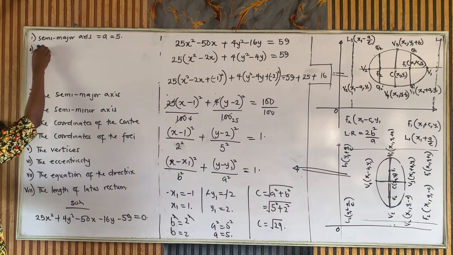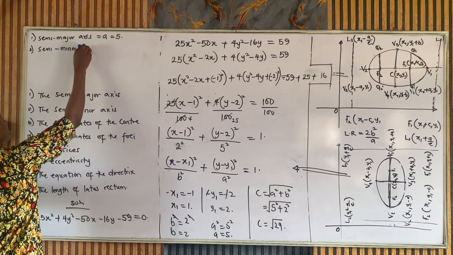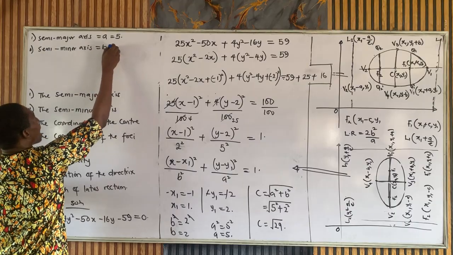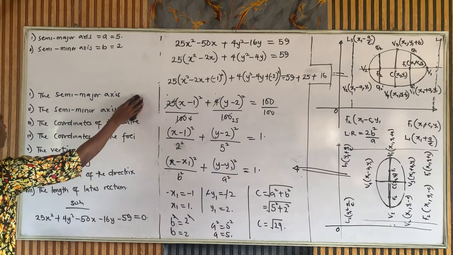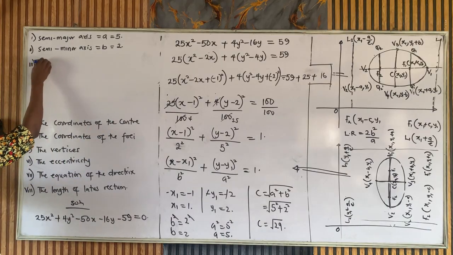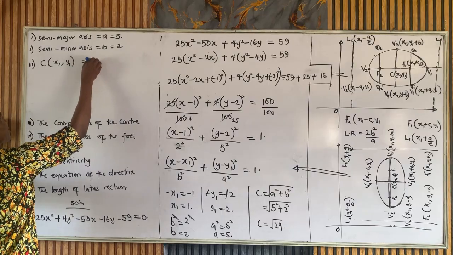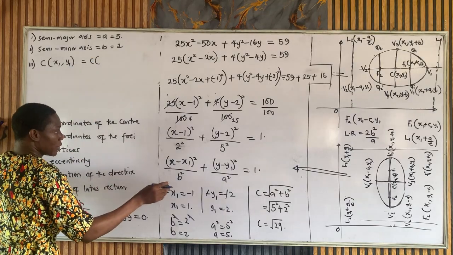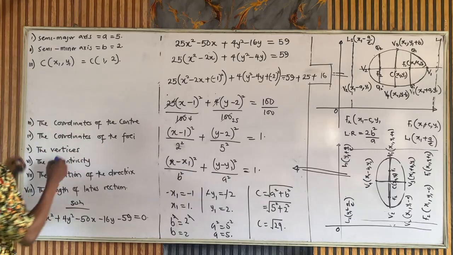Number 2, semi-minor axis. That's simply b, and our b is 2. We are done with that. Next is the coordinate of the center. In this case, the center is simply x1, y1. So we can say our center is simply the x1 we got to be 1 and y1 is simply 2. We are done with that.